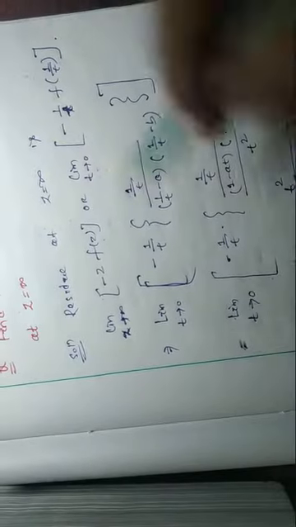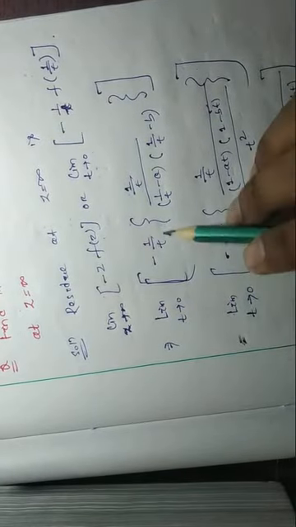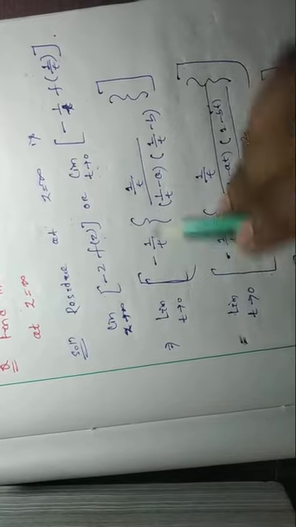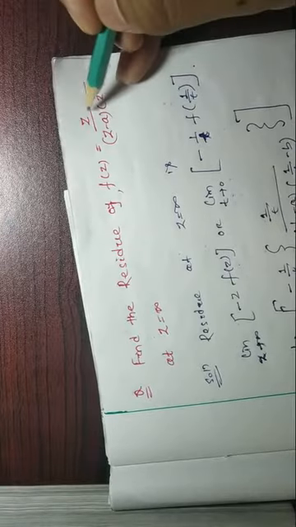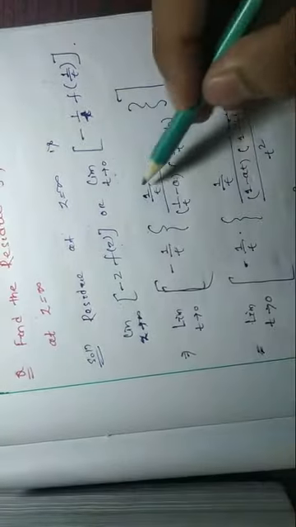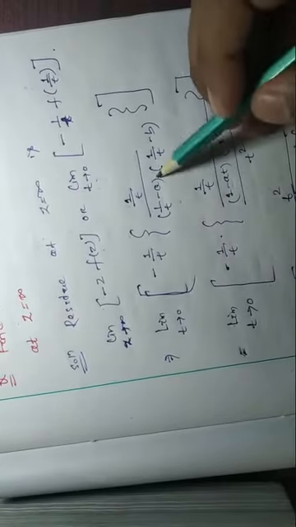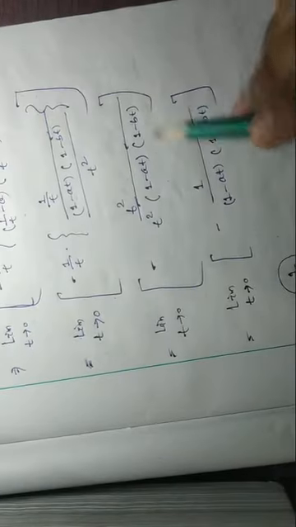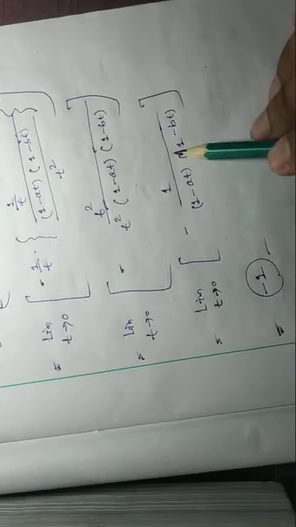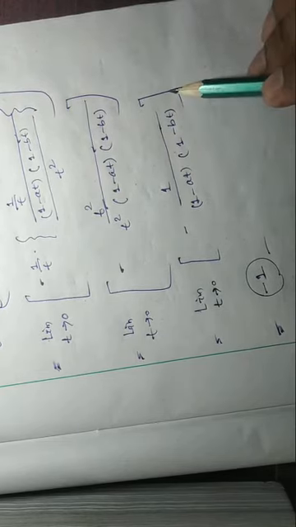So limit t tends to 0 of minus 1 by t into, here z will be written as 1 by t, 1 by t, then 1 by t minus a, 1 by t minus b, like this it will be t square of this much. So 1 by (1 minus at) into (1 minus bt) will be minus 1.